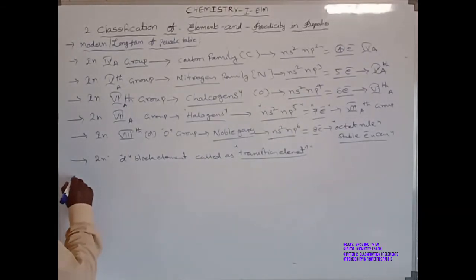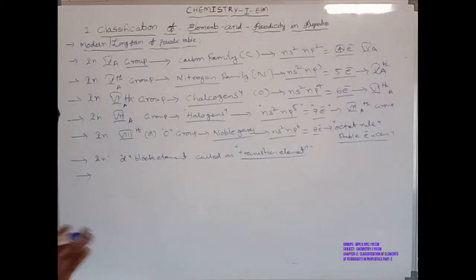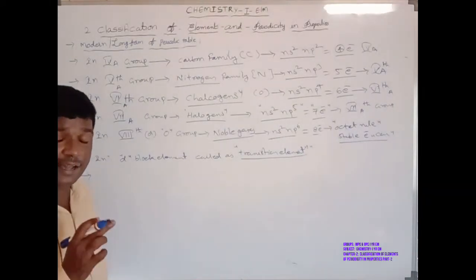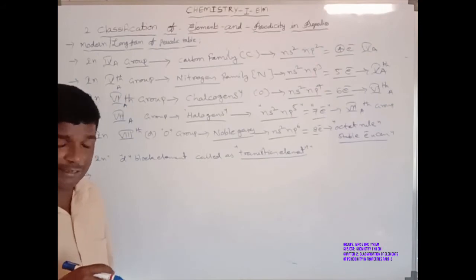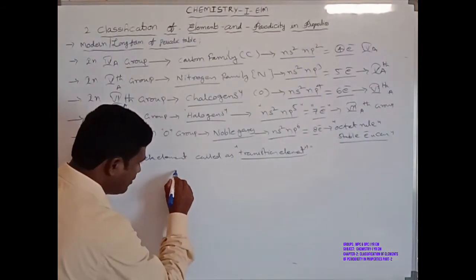Remaining are the lanthanides and actinides. Lanthanides and actinides elements are arranged at the bottom of the periodic table as F block elements.